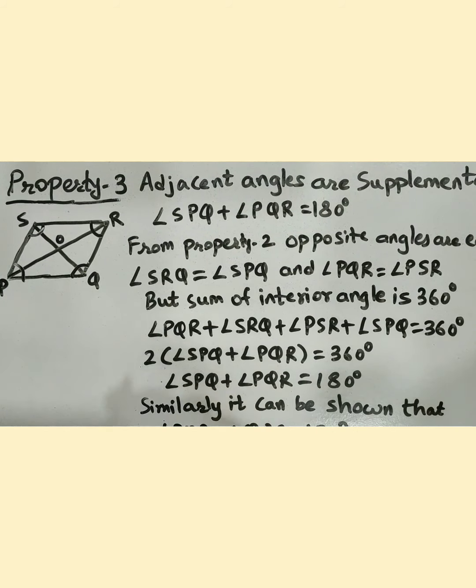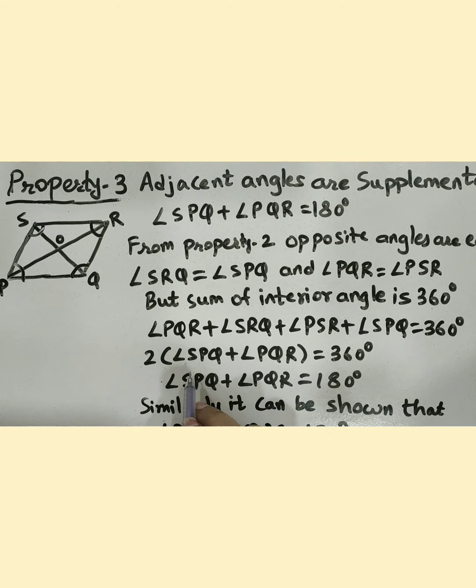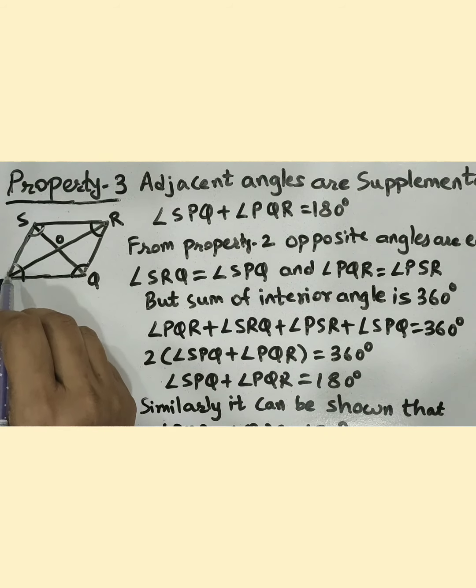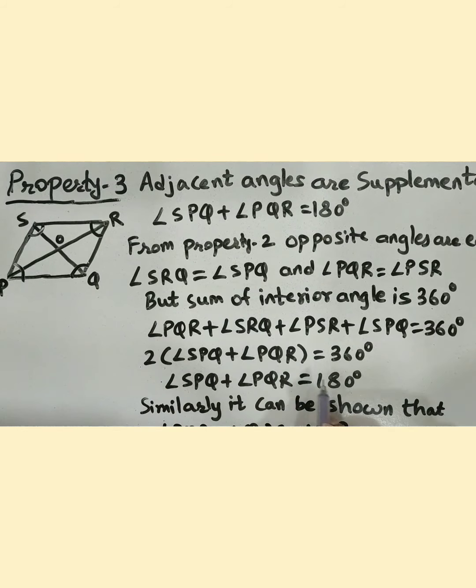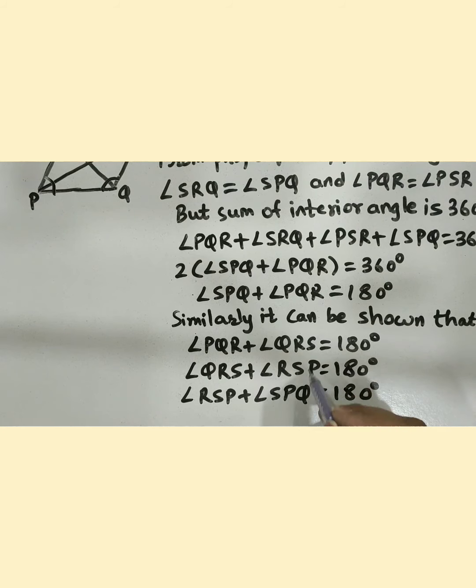But the opposite angles are the same, so I can write 2 times (angle SPQ plus angle PQR) is equal to 360, which will give me SPQ plus PQR is equal to 180, which shows that if I add two adjacent angles, I will get a total of 180, which shows that the two angles are supplementary. Similarly, I can prove for the remaining 3 pairs of adjacent angles that they are also supplementary.